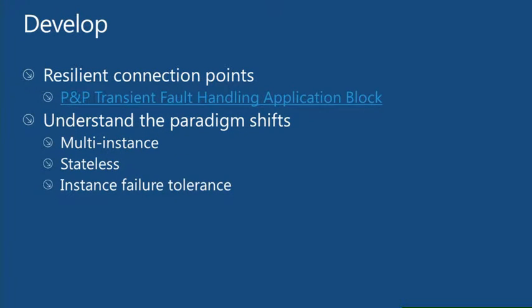And developing, like I said, it's not really a dev talk, but some things that are particularly interesting for support. The big thing is the resilient connection points. So in Azure, there can be blips, and it can happen a little bit more than in an on-premise environment. So anytime you're connecting outside of your instances, connecting to Azure services, connecting to on-premises, connection points need to be resilient.